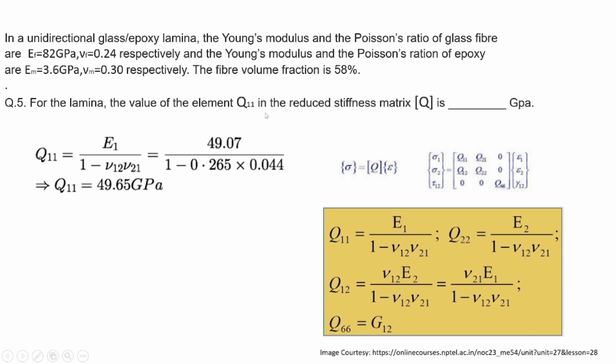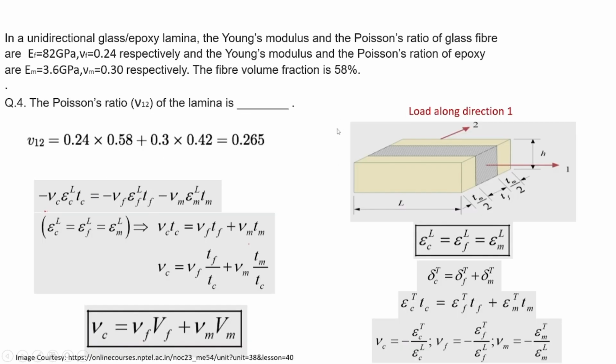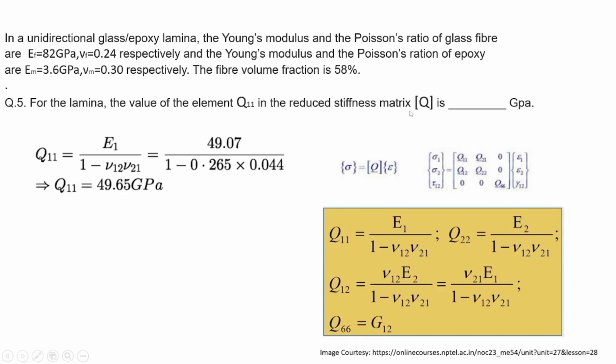They asked Q11. From this diagram you can see the value of Q11 can be found by E1 by 1 minus mu12 mu21. So we will put values here and we will find the value of Q11. And also from the last question you found Poisson ratio mu12, and there is a relation between mu12, mu21, E1 and E2. From that you can get mu21 and put the value here.